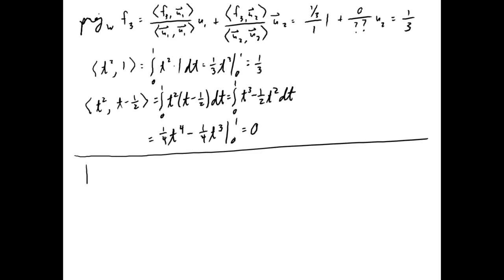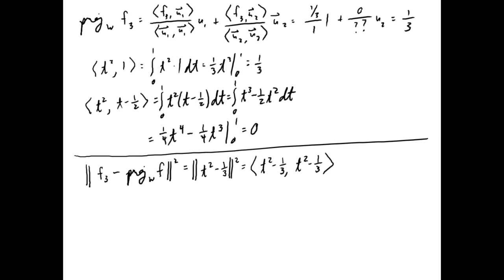Now I need the distance from F3 to W. That means I need the magnitude of F3 minus that projection onto W of F, and I'm going to square it; I'll take the square root in a minute. F3 was t squared and the projection was 1/3, so this is the inner product of t squared minus 1/3 with itself.